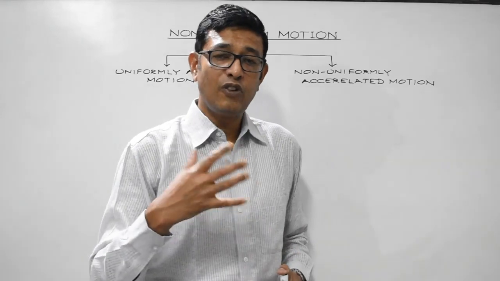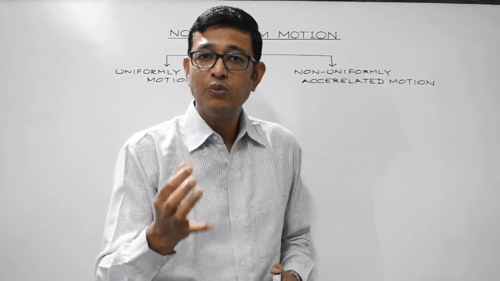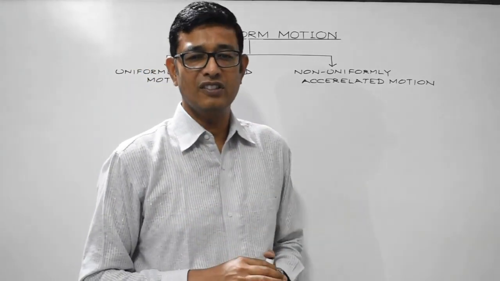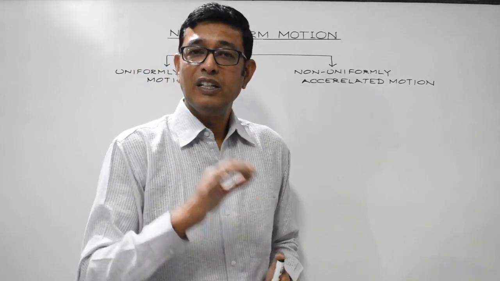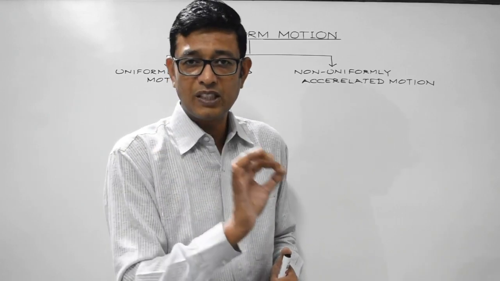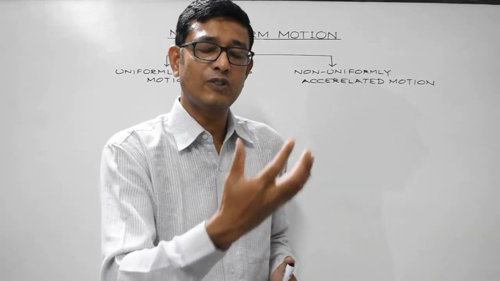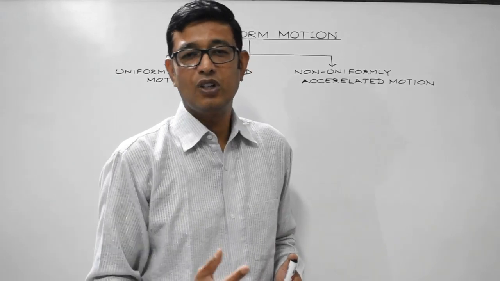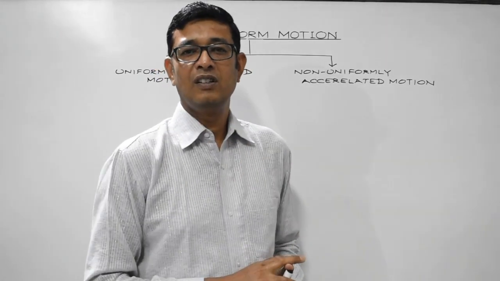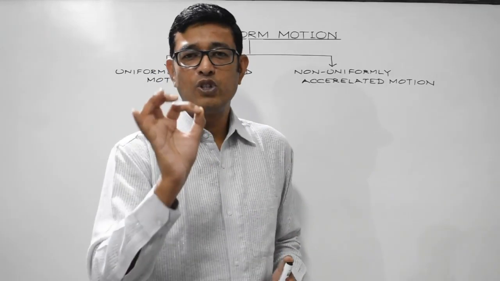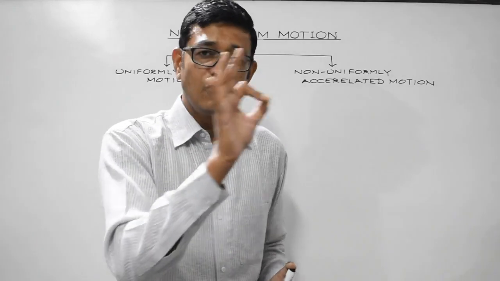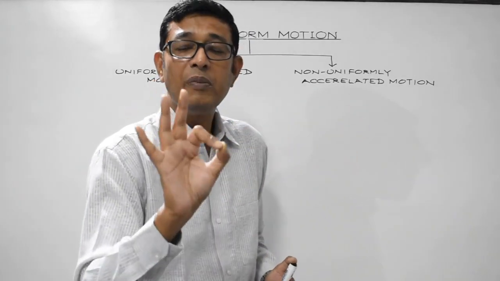So for a non-uniform motion, the body should move randomly, that is, it shouldn't move with a constant velocity. Whenever a body covers unequal displacements in equal intervals of time, the body is said to possess non-uniform motion. The most important point to be noted is that in the case of uniform motion, the velocity of the body remains constant.